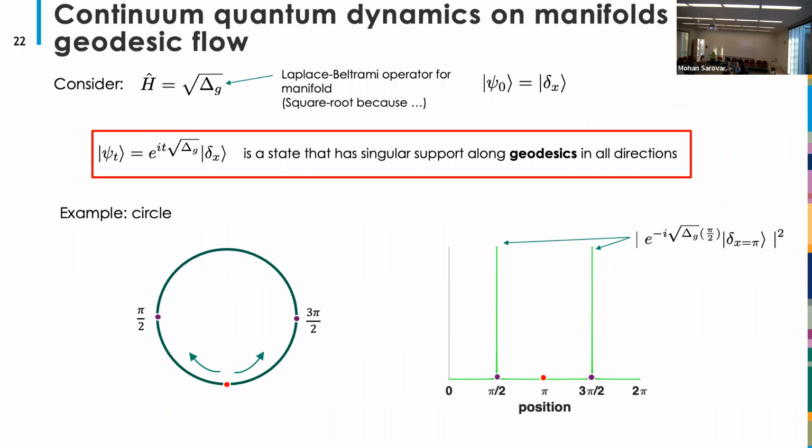This is what I mean by singular support. It's delta functions along geodesics, because there are two directions you could go in, left or right on a circle, clockwise and anti-clockwise. So you move to both, to points that are distance pi on 2 away in both directions. These are perfectly localized states that just move a distance t away in all geodesic directions. In this case, there are only 2 directions you could move in.